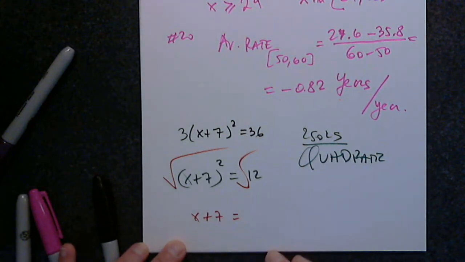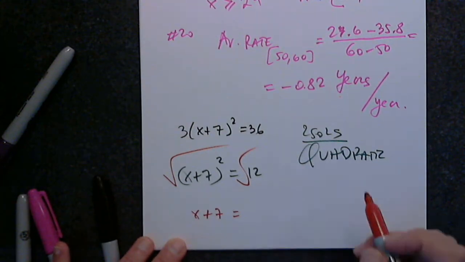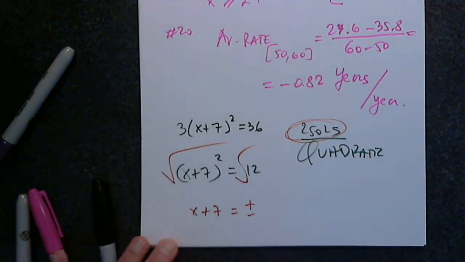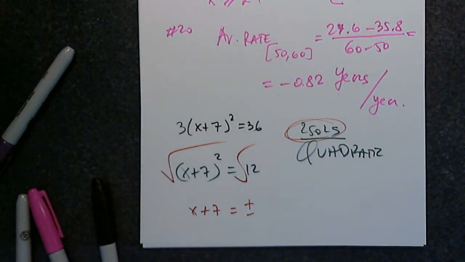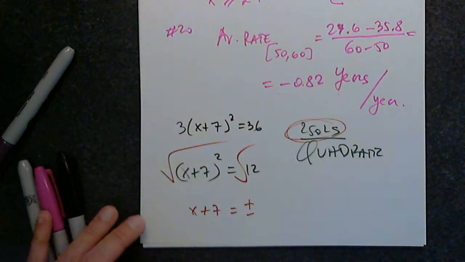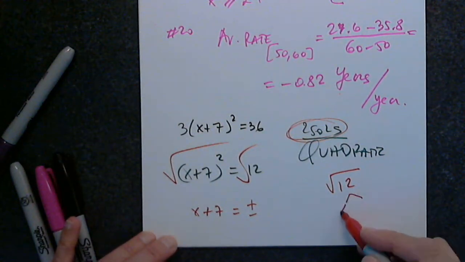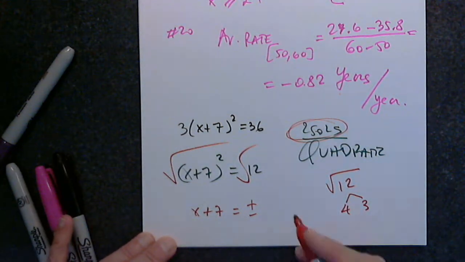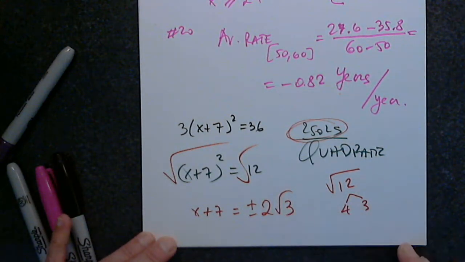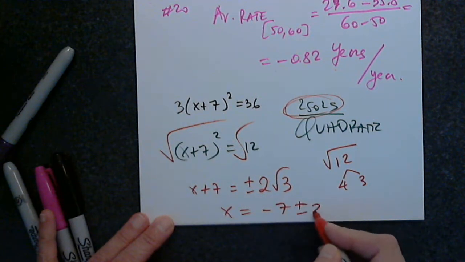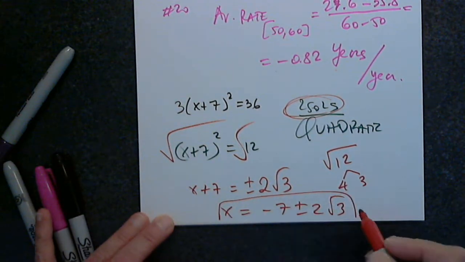What do we have on the right? Positive and negative. Awesome. That's why I asked you from the very beginning. If you do not put plus or minus, of course, I'm not saying you didn't, I'm just re-emphasizing. And now I have to simplify the square root of 12. Remember, this is 4 and 3. I have to write 2 the square root of 3. So then the solutions are negative 7 plus or minus 2 the square root of 3, and it's done.